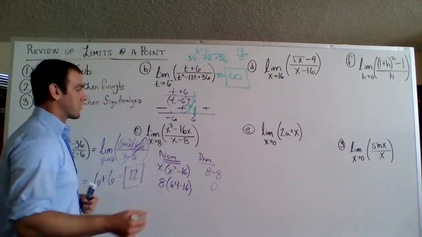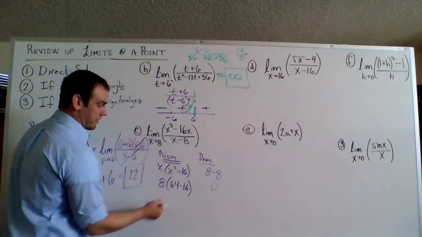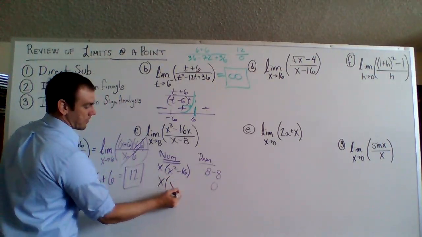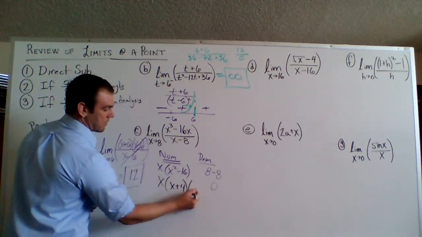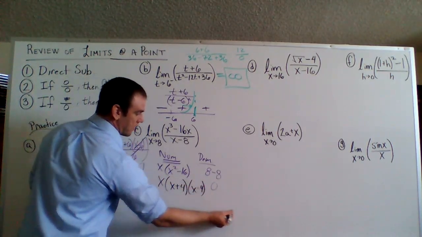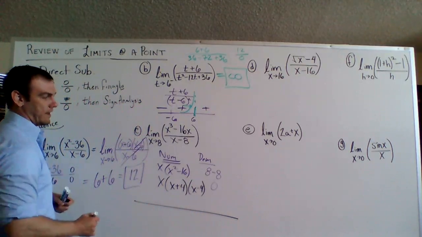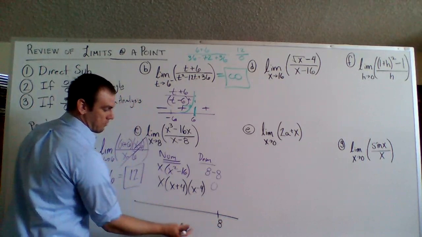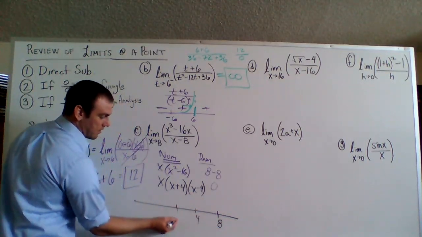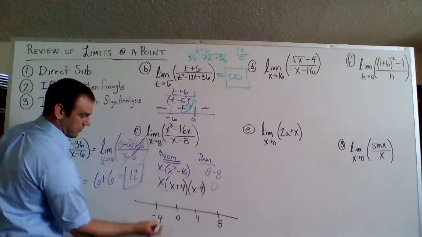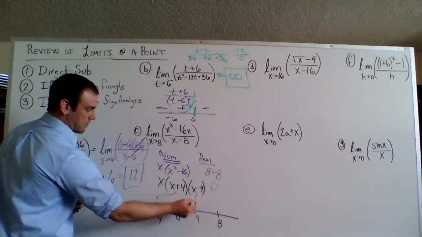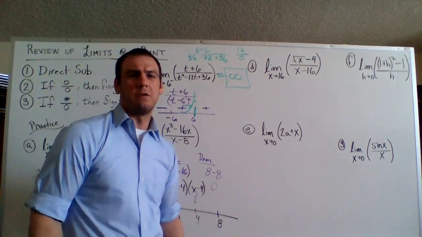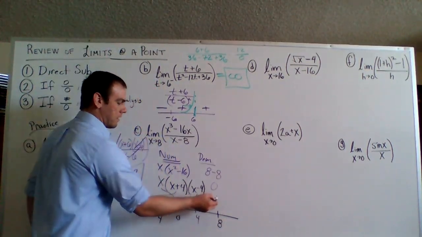So maybe you want to completely factor that now, where we get x plus 4, x minus 4. So when you go ahead and do your sign analysis, we're going to care about positive 8s. The other things we have on here are going to be 4 and 0 and negative 4. This is our only vertical asymptote, though, at 8.